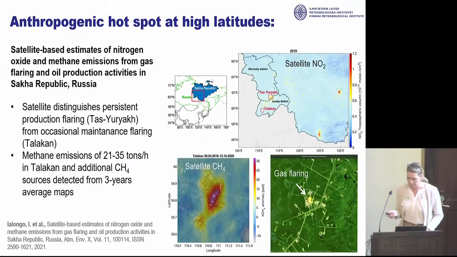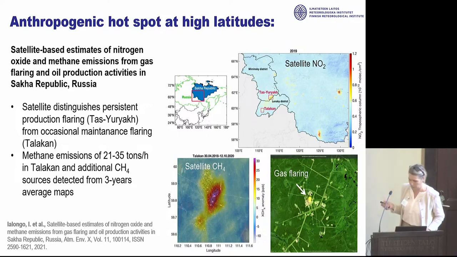I also show quickly here one example of the satellite capabilities. This is a case where we can identify emissions which are not included in these inventories or which are not reported.